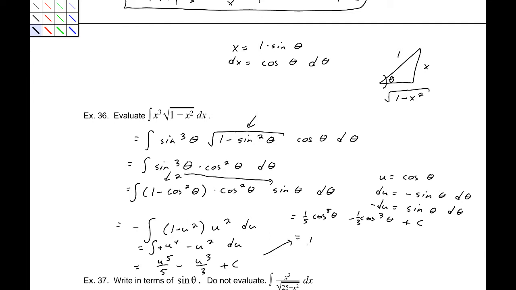So this will be 1/5 the square root. Actually, because I'm going to raise it to the 5th power, I'm going to go ahead and say 1 minus x squared to the 5 over 2. Okay, the square root, and then I'm raising it to the 5th power. Minus 1/3 1 minus x squared to the 3 over 2 plus c.